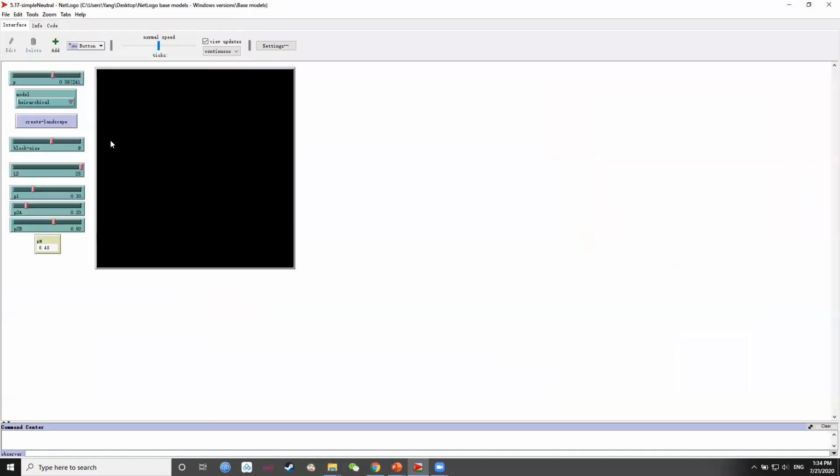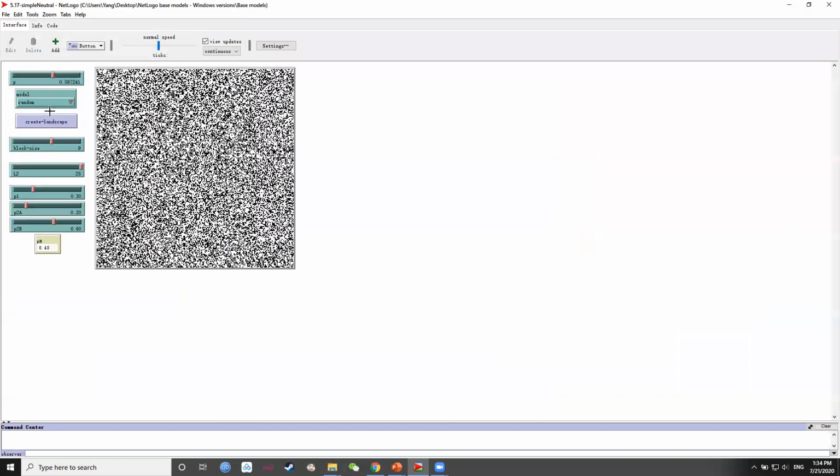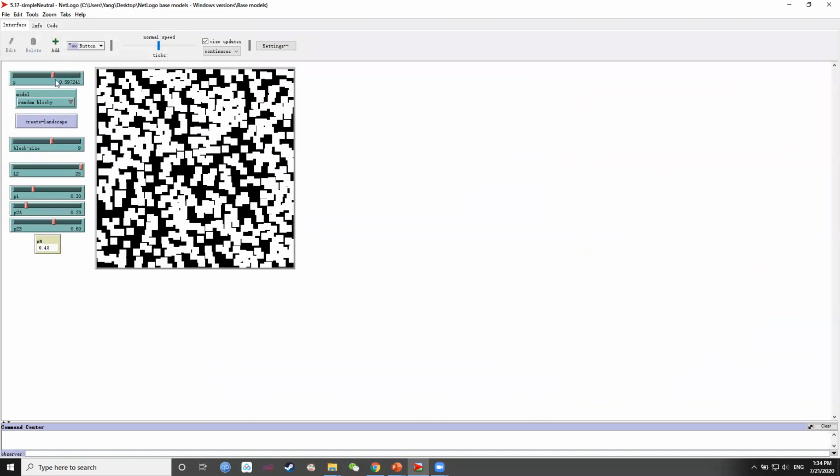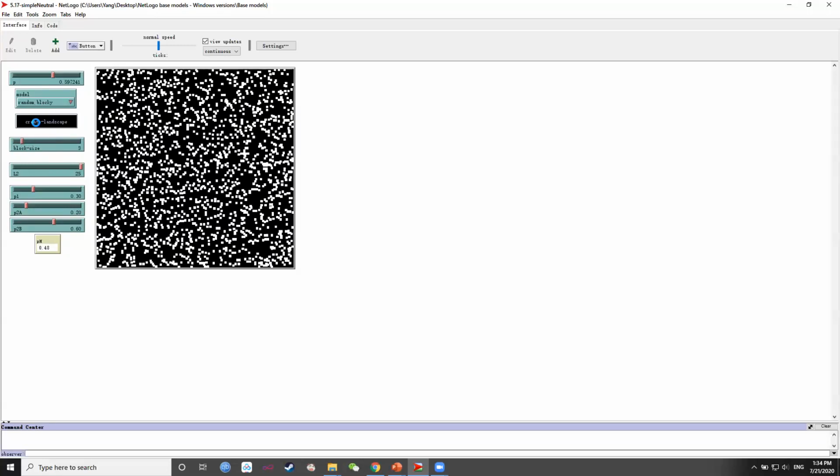Okay, so here we have the p-value. It is working for random. It is also working for random blocky to address the proportion of white cells or occupied cells. And for the second type, random blocky, we can also assign a specific block size value.